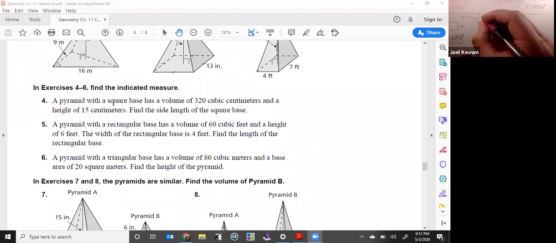For number 5, I have a rectangular base. The volume is 60 cubic feet. The height is 6. This says the width of the rectangular base is 4. I'm trying to find the length. And then 6. We have a triangle base.